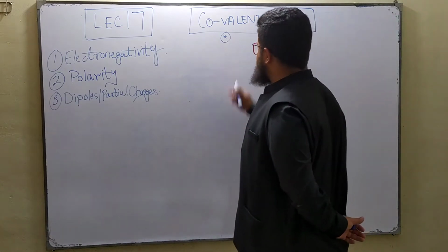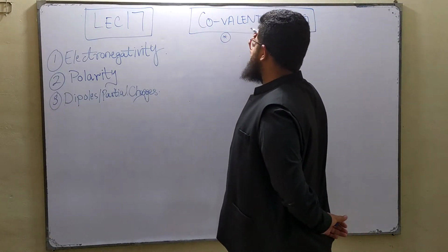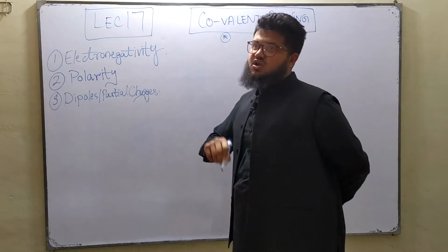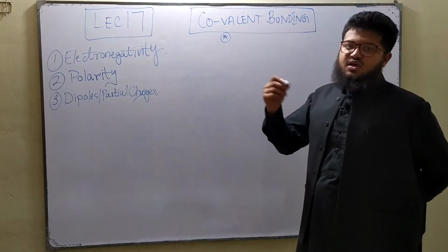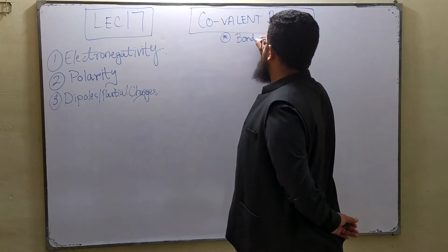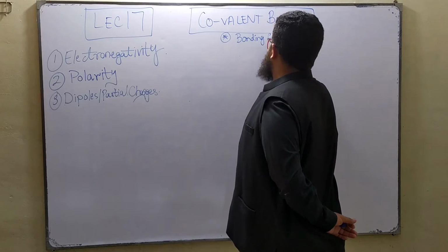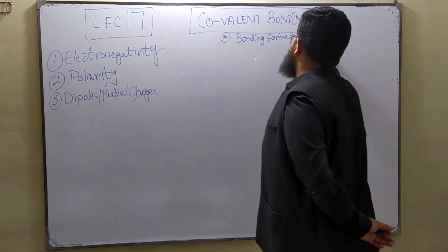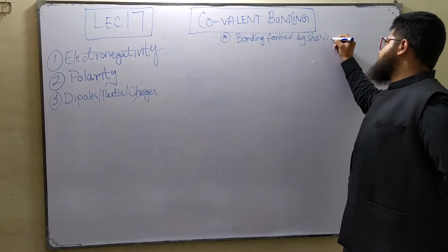Covalent bonds, how are they formed? These are basically the forces of attraction, or these are the bonds which are made by the sharing of electrons between non-metallic elements. So bonding formed by sharing of electrons. There is no transfer of electrons in here. Okay, it's sharing.